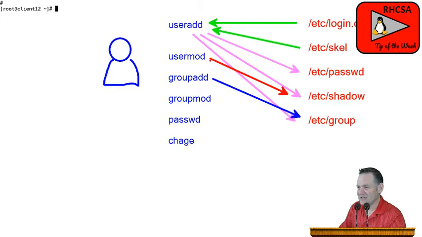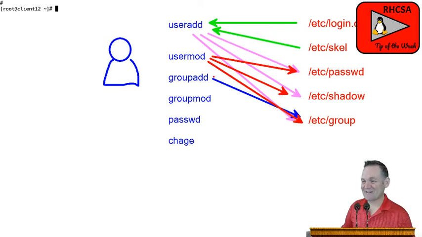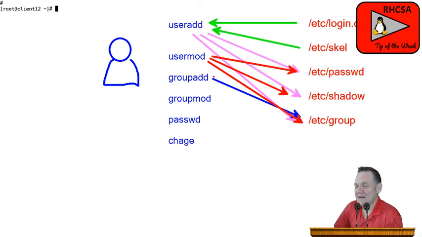If usermod is being used to change the primary group ID or to add a comment field for the user, then that would write out to /etc/passwd. If usermod is being used to add a secondary group to the user, then that would write out to the /etc/group file. So it's difficult to say exactly what usermod is going to write out to, because that's going to depend on what we're actually using it for.